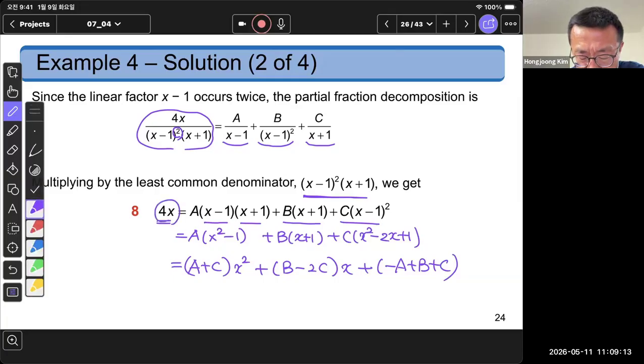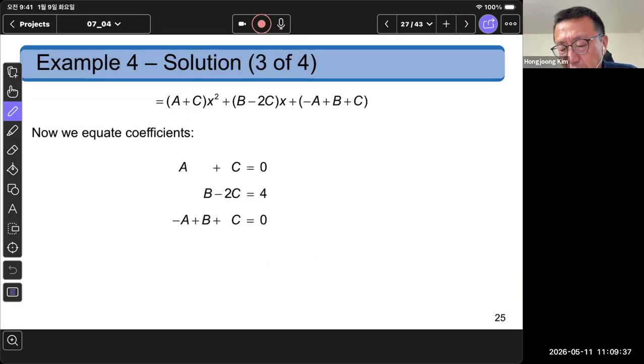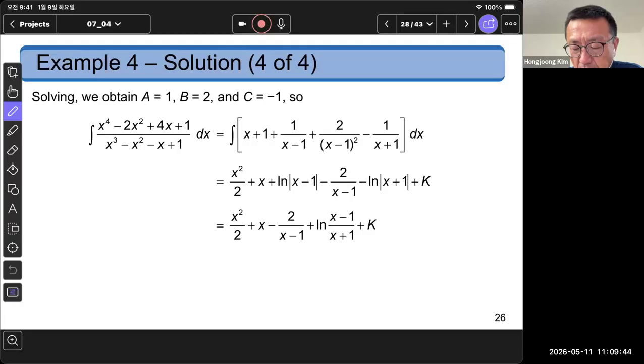So the coefficient a plus c must be 0 because there is no x squared on the left. And b minus 2c must be 4. And negative a plus b plus c must be 0 because the constant term does not exist on the left. So if you solve these three equations in three unknowns, you can find the values of a, b, and c.